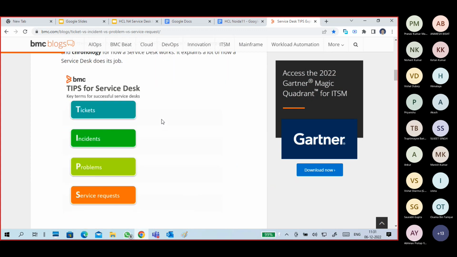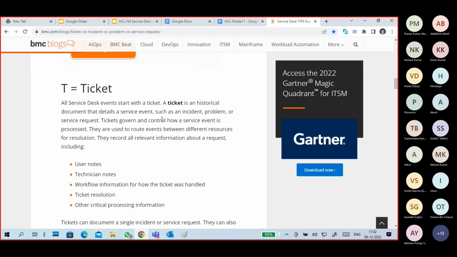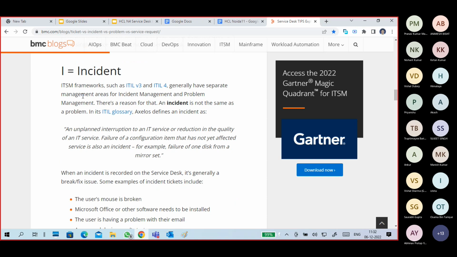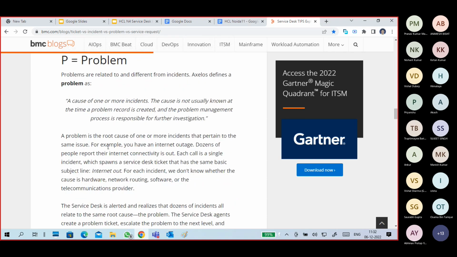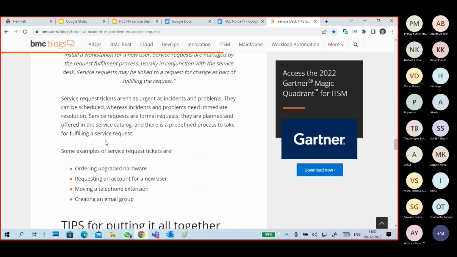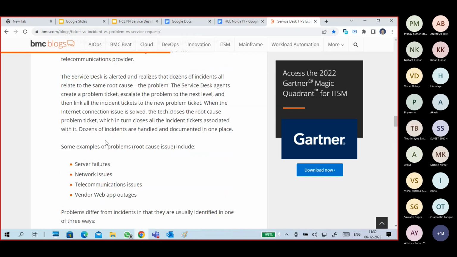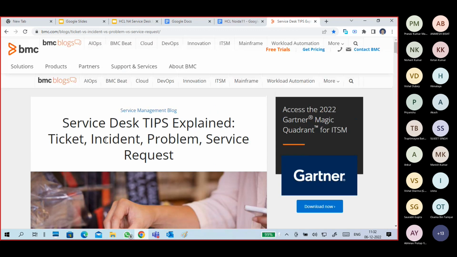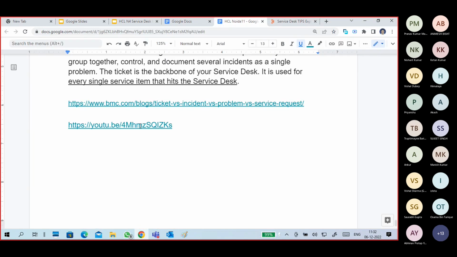Anytime you can read this. I have taken information about the ticket only, but incident and the rest I didn't write here. You can read it. There is also a lot of blog material, so you can go through those blogs and read a lot of information about ITSM and other things.